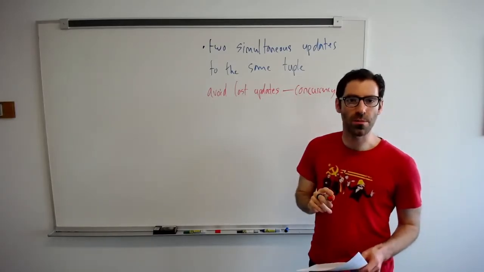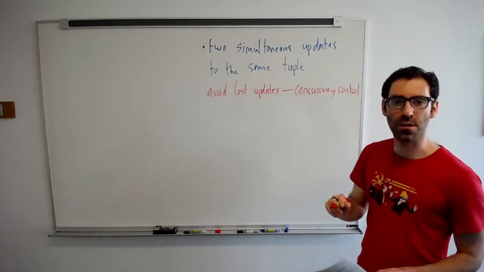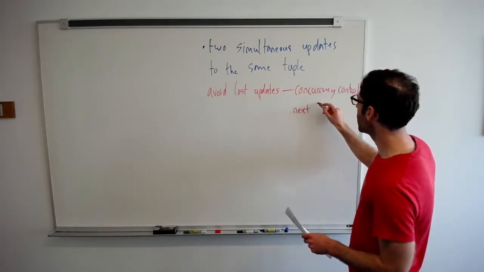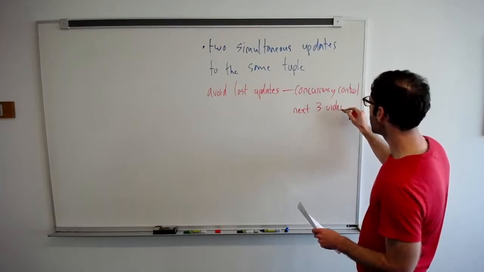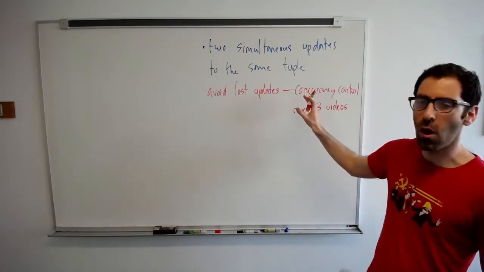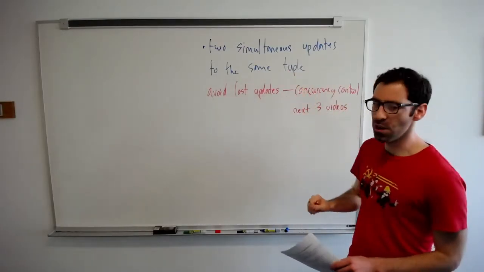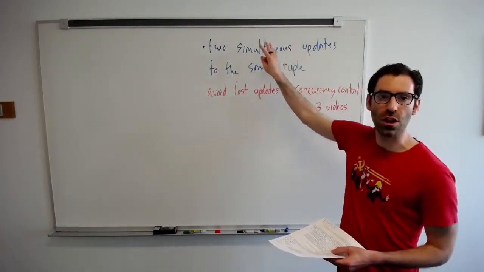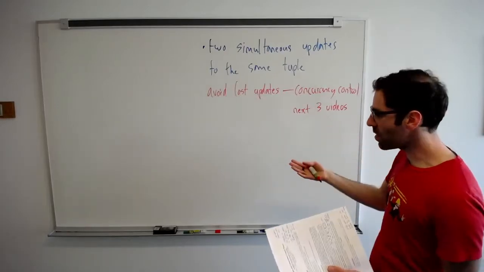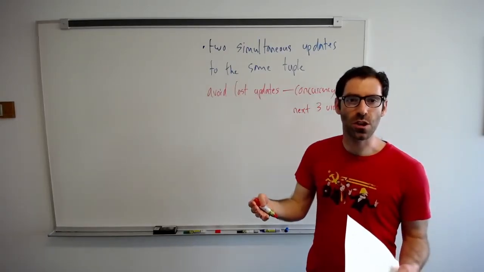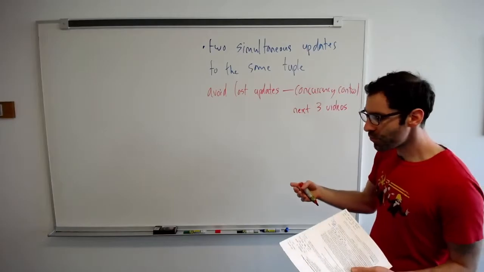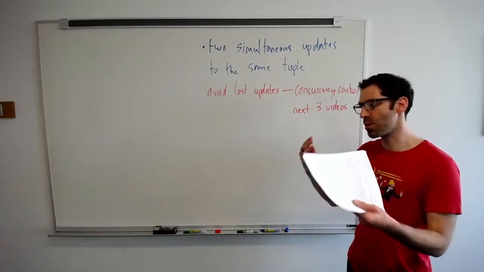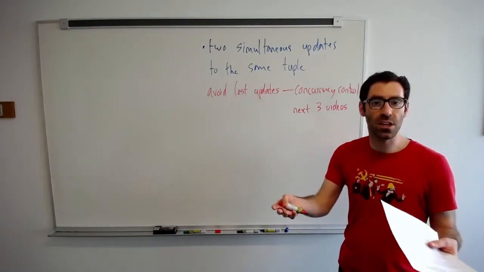And this is where concurrency control comes in, and that will be the topic for this video as well as the next two. The next three videos will be all about how we deal with concurrency at this logical level of the database, rather than the kind of concurrency we focused on up till now, which is within the internals of the database, whether it's within a query or within an index like a B+ tree.